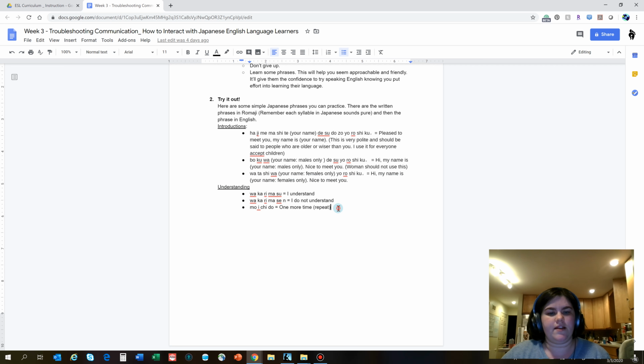The next three phrases are about understanding. So letting somebody know that you do understand what they're saying or that you don't understand. And then asking them if they can repeat themselves. So the first one, and anybody can say these, these aren't male or female phrases. These are just standard phrases.